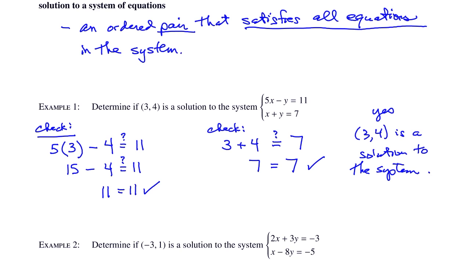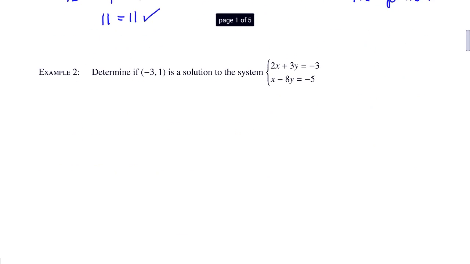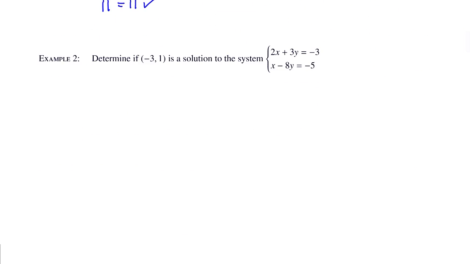Let's look at example 2. Determine if the point (negative 3, 1) is a solution to the system 2x plus 3y equals negative 3 and x minus 8y equals negative 5. So again, we just check this point. So this would be 2 times negative 3 plus 3 times 1 might be equal to negative 3.